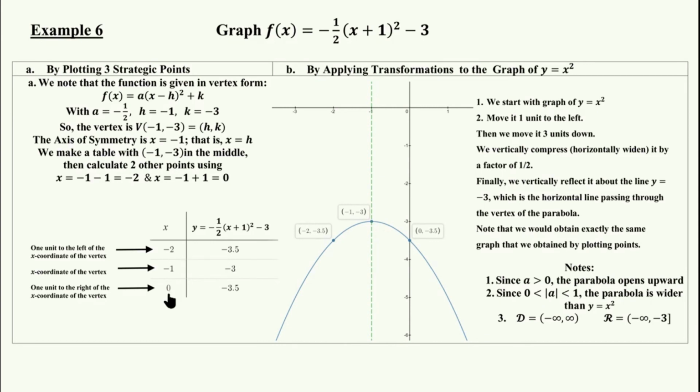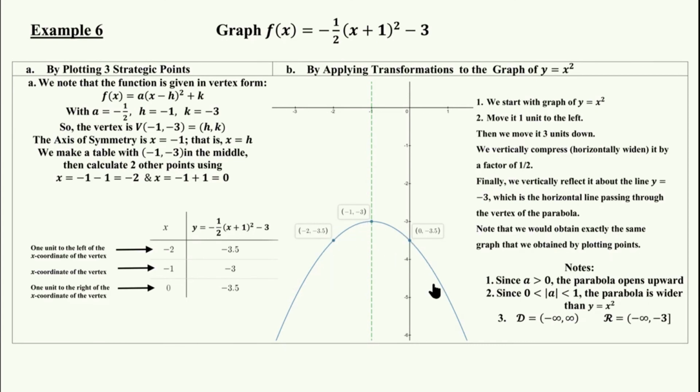You should always go ahead and just substitute it again. So 0 plus 1 is 1, squared is 1, times negative 1/2 is negative 1/2, minus 3 does indeed give us negative 3.5. So if these don't agree, that means something went wrong. Because of symmetry, this should happen, correct? All right, so then you just plug in, plot those points, and you draw your parabola.